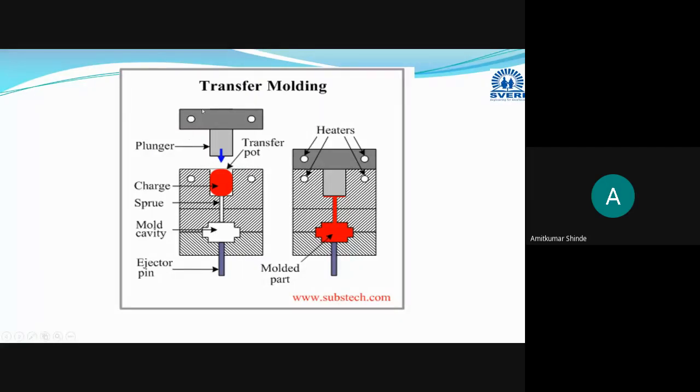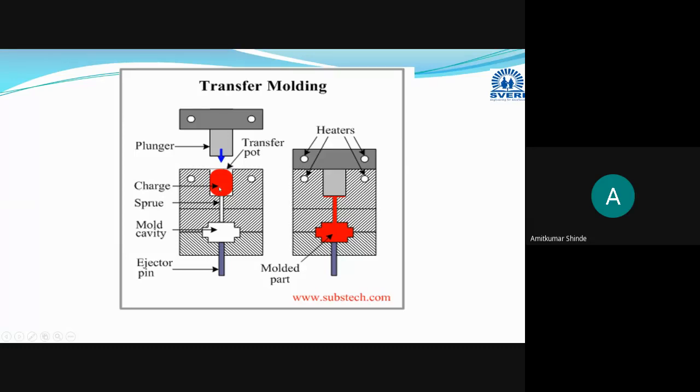Similar to compression molding, here a plunger or punch will be there, and a separate chamber is provided. Initially we take the charge or preheated raw material in this chamber. This is the heating chamber, also termed the transfer pot.